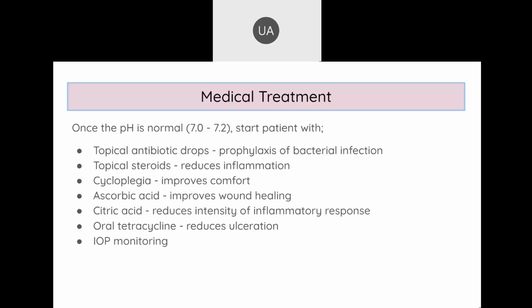Fourth is ascorbic acid, which plays an important role in collagen remodeling and leads to improvement in cornea healing. Fifth is citric acid, which is a powerful inhibitor of neutrophil activity and reduces the intensity of the inflammatory response. Next is tetracycline, which can decrease the risk of cornea melting and ulceration.